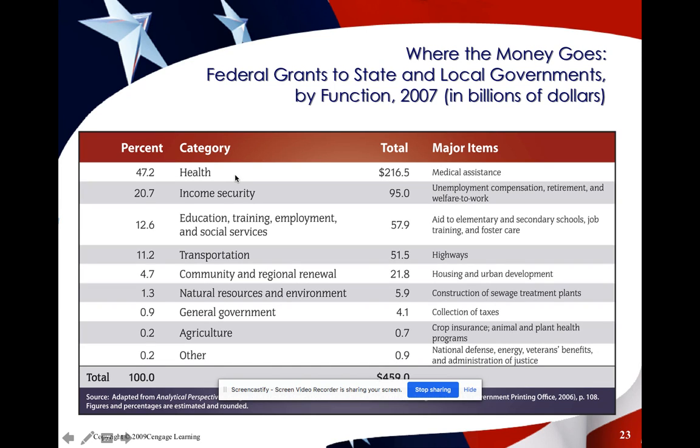Health, medical assistance, Medicaid, things like Medicaid, unemployment insurance, retirement aid, welfare, highways, housing and urban development, collection of taxes. All of these things are where a lot of the federal government's money goes.